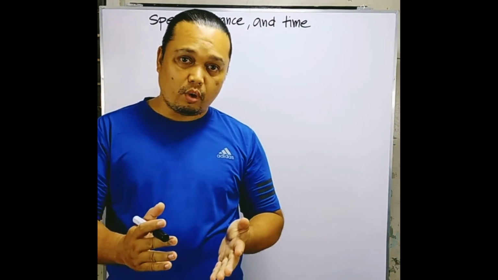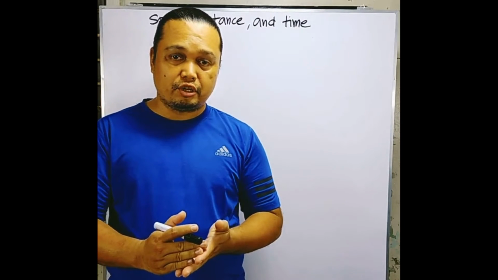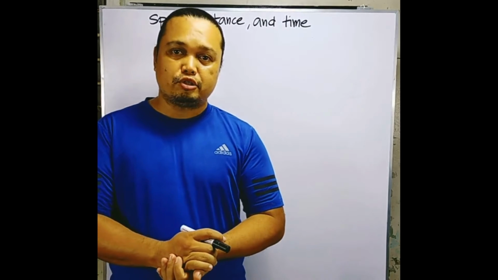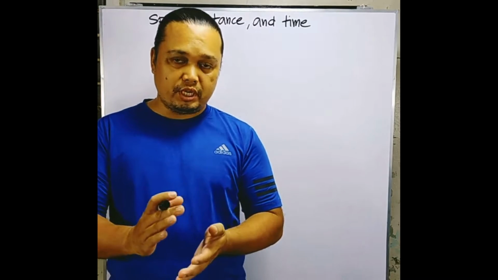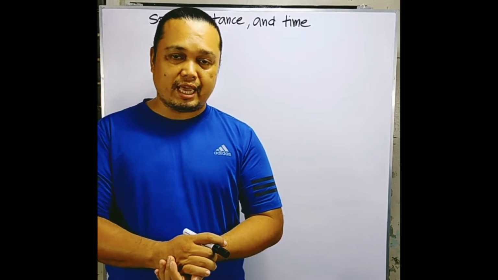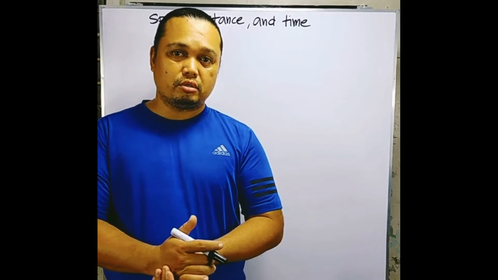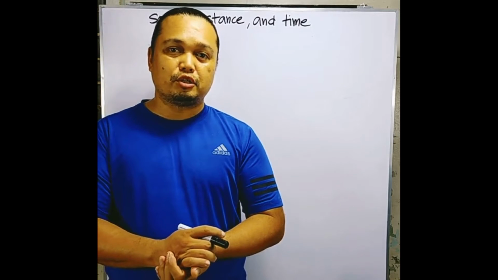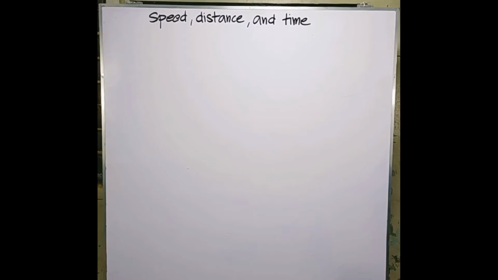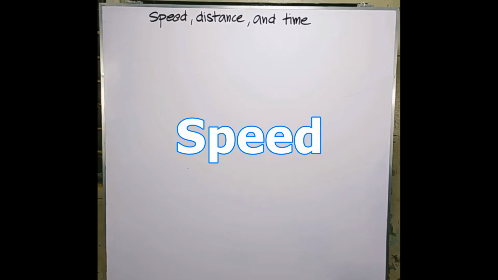We are now in our fourth grading under the chapter of measurements, and this time we're going to take up speed, distance, and time. We are going to measure those things using a certain formula. Speed is a scalar quantity that refers to how fast an object is moving. Speed can be thought of as the rate by which an object covers distance.